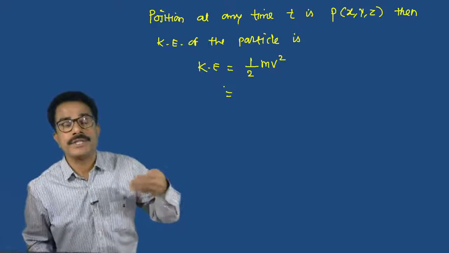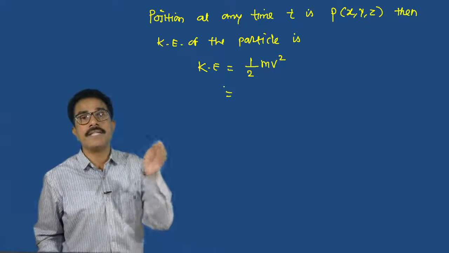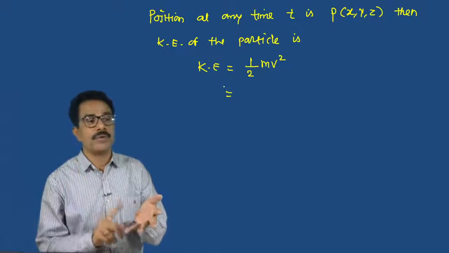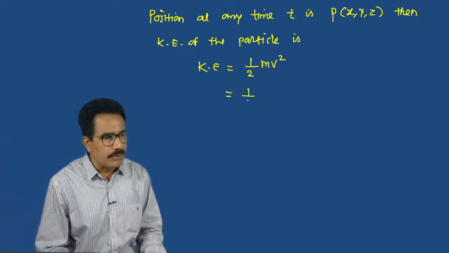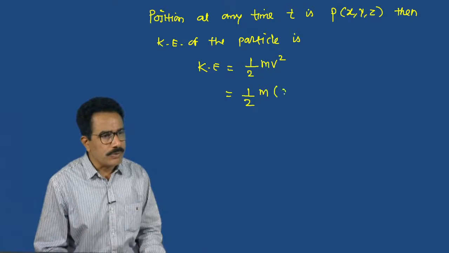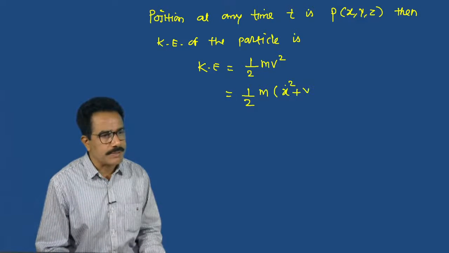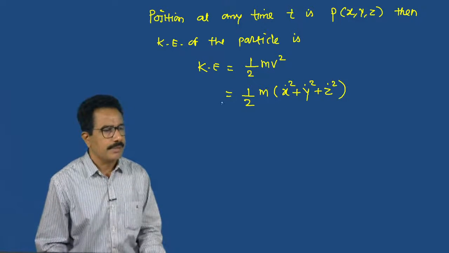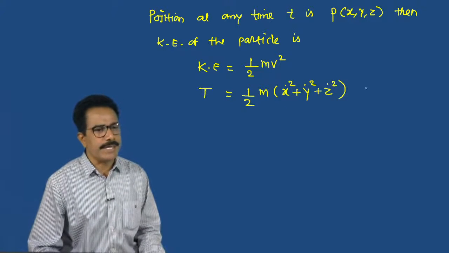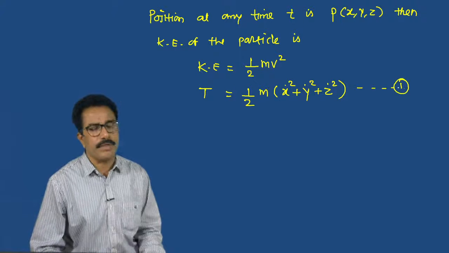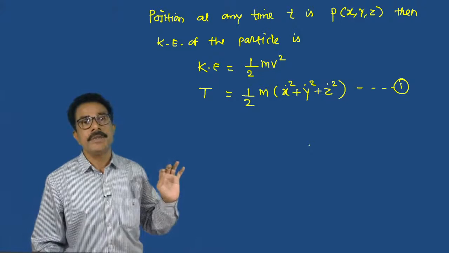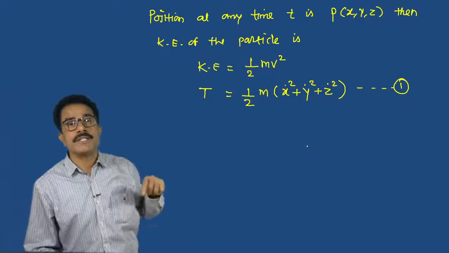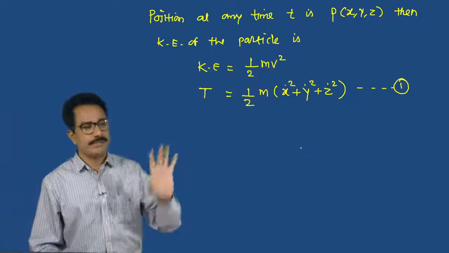Therefore its generalized velocities are x dot, y dot, z dot. So we can write T equals 1 by 2 m into x dot square plus y dot square plus z dot square. Suppose this is equation number 1. This is the kinetic energy of a particle which is moving in a space near the earth.